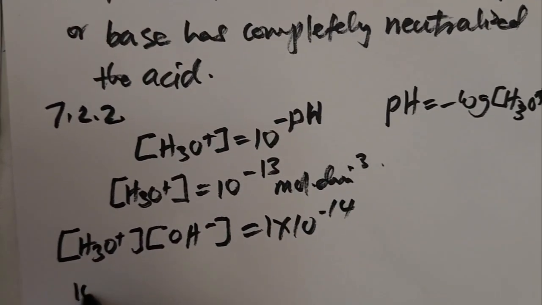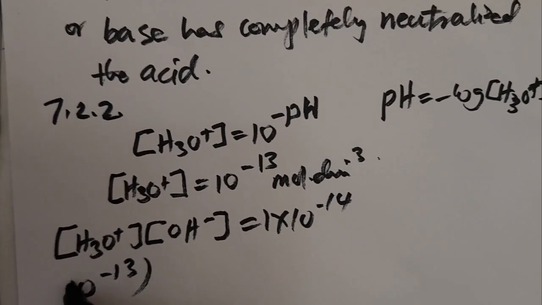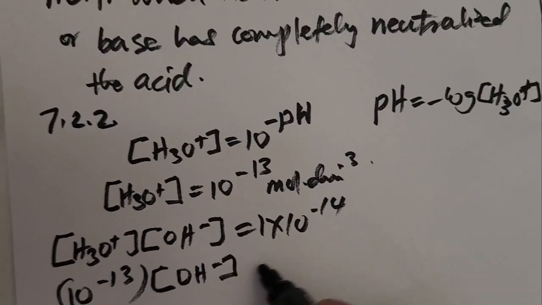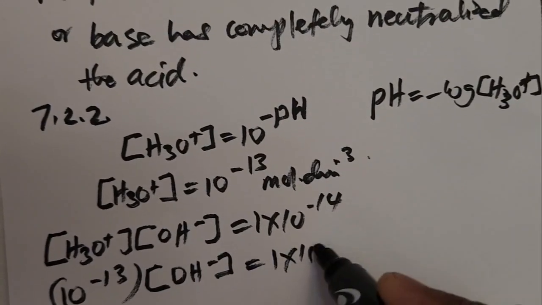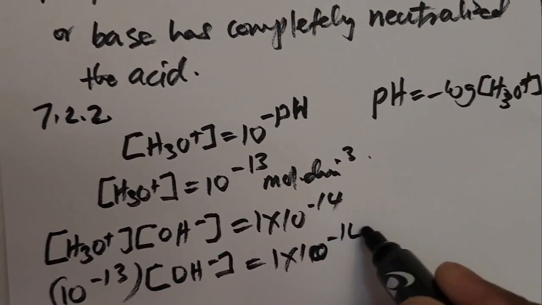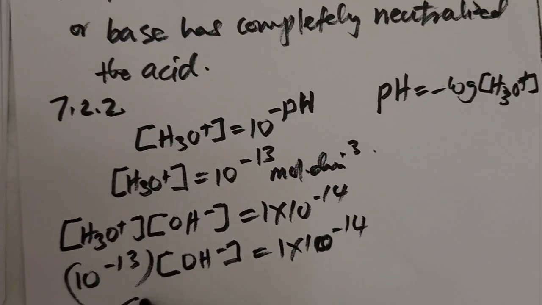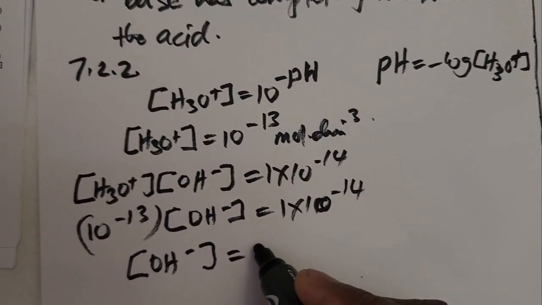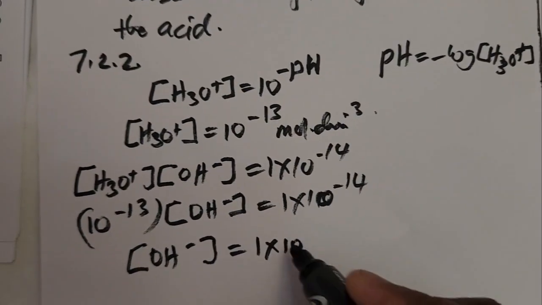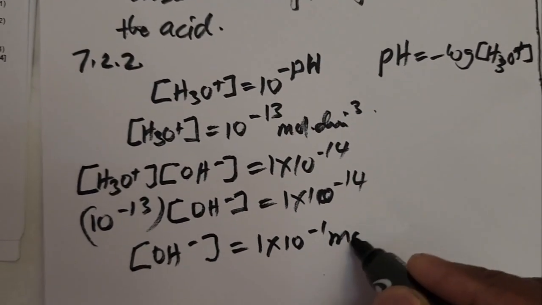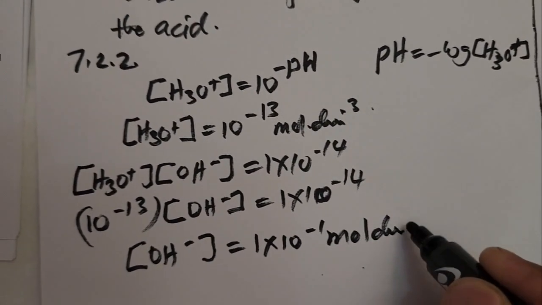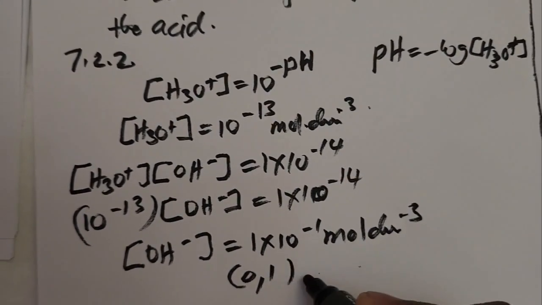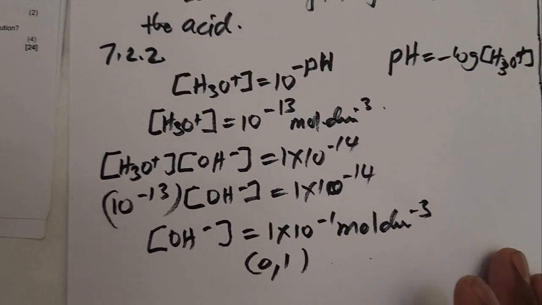Substituting 1 times 10 to the exponent minus 13 and OH minus equals 1 times 10 to the exponent minus 14. Therefore, the concentration of OH minus will be 1 times 10 to the exponent minus 1 mol per dm cubed, or you can just write 0,1. It's fine as well.